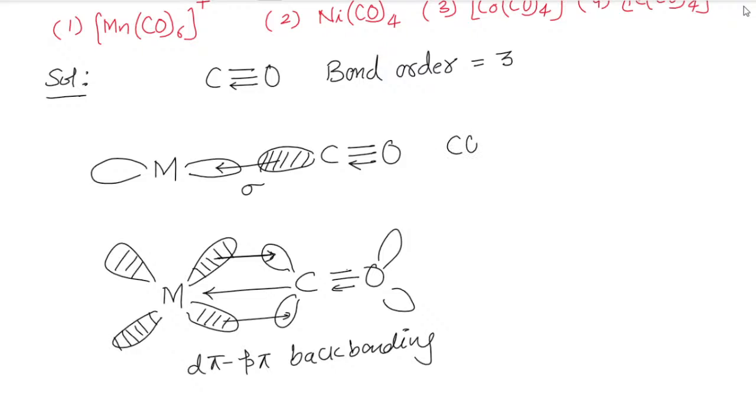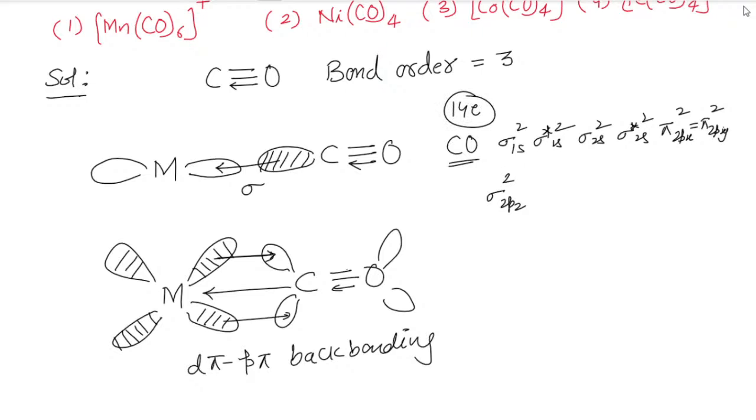In CO the electronic configuration is sigma 1s2, sigma star 1s2, sigma 2s2, sigma star 2s2, pi, actually it is not like this, there is sp character, but we are writing it in the simplified version, sigma 2pz 2, because it has 14 electrons.